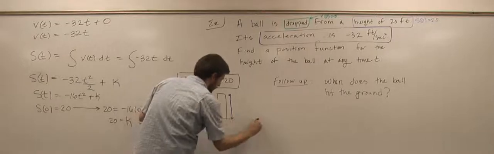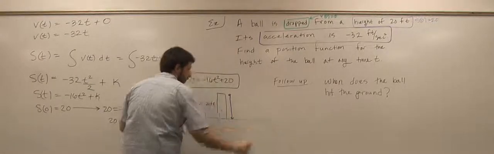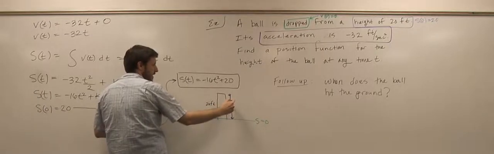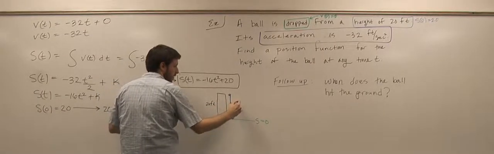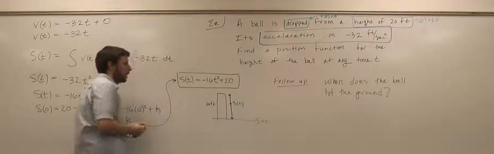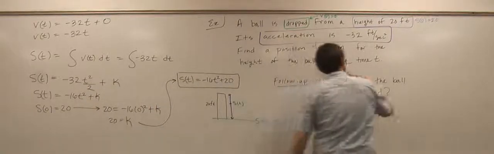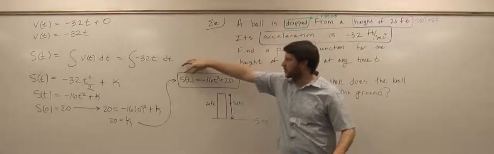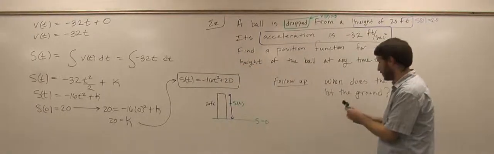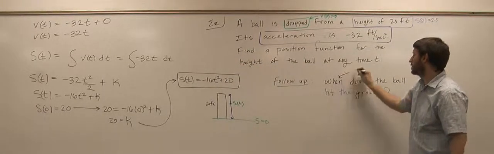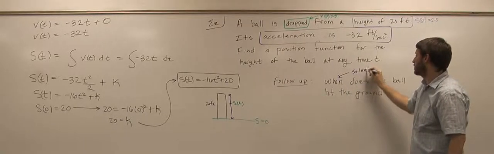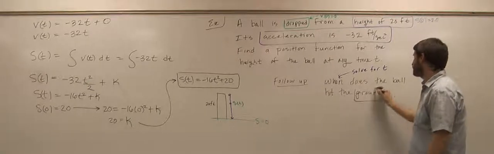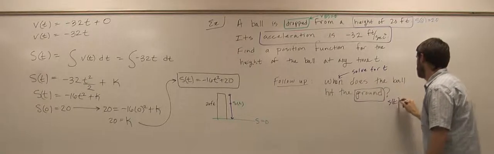This is position equals 0. And what this function is going to do is, if you plug in a t, it'll give you how high you are. So if I ask when does the ball hit the ground, I'm asking you to plug in position equals 0 and solve for t. When tells you to solve for t. Hit the ground tells you to set S of t equal to 0.